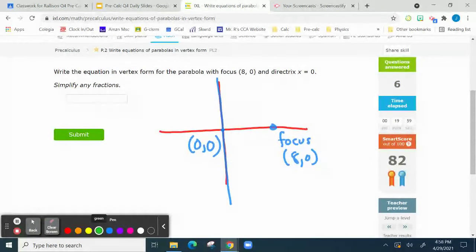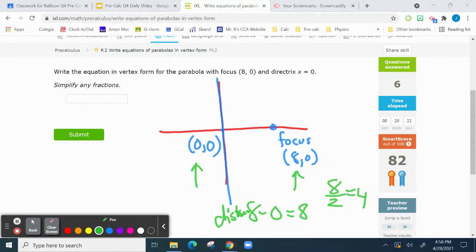So if the focus is 8, and that is 0, the total distance is 8 minus 0. The distance between the two equals 8 minus 0 equals 8. And if it's halfway between, that means it's going to be 8 over 2 from either of those in the direction of the other. So that equals 4.